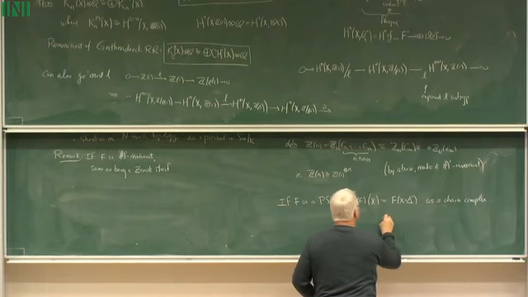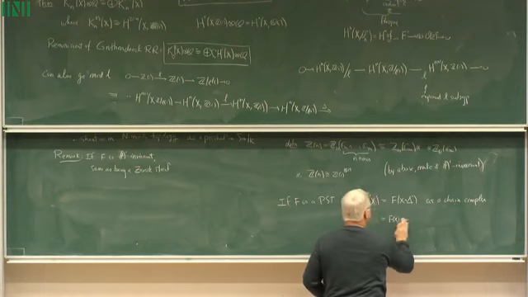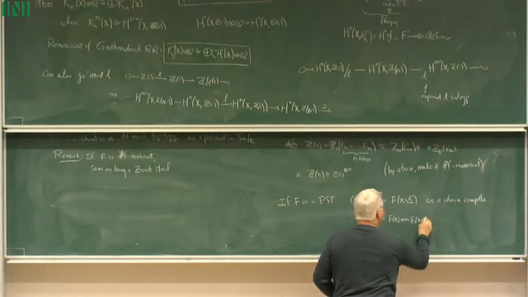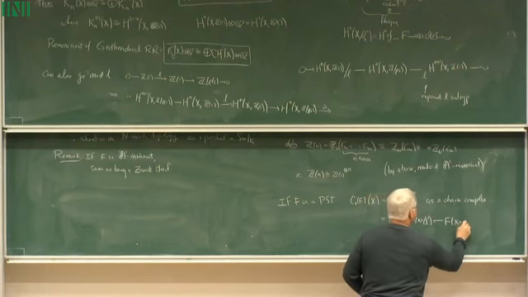So in other words, this is F of x, F of x cross del 1, F of x cross del 2.